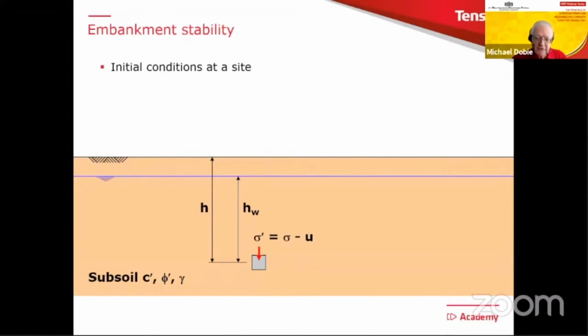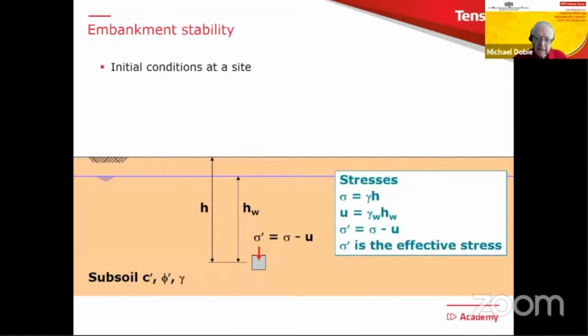So here we have a simple situation of the soil mass and a water table. And then we have the little blue soil element we're thinking about. We have a height above it of soil and a height to the water table and some parameters. And we can calculate the stresses. So just the vertical stresses at the moment.